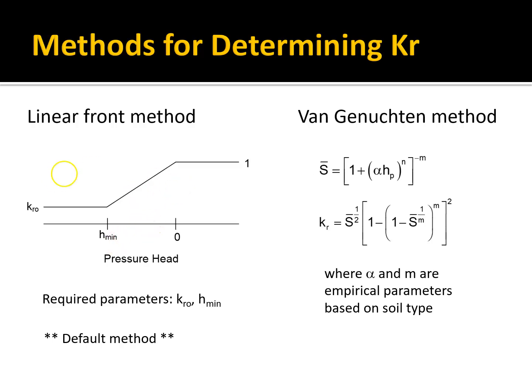And so between h sub p equals 0, which again is the phreatic surface, and as you go above up to a distance of h min, the Kr term goes from 1 down to some minimum Kr. And once you get above that point, from there on, we just use Kr0, which is this minimum Kr term.